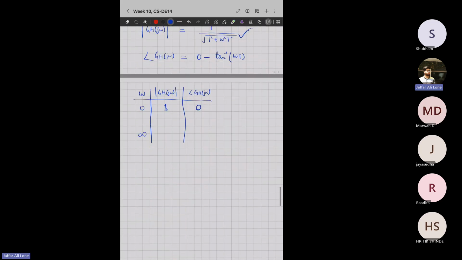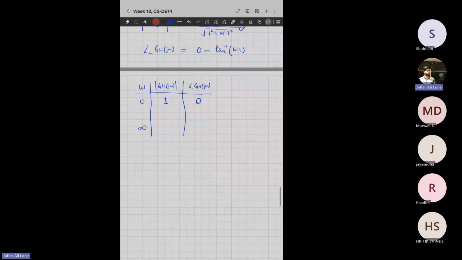So now I'll make a polar plot as well. Please pay attention, this is very important. This is my real part, and this is my imaginary part. Now let's plot this. For omega equal to 0, you have magnitude 1 and angle 0.